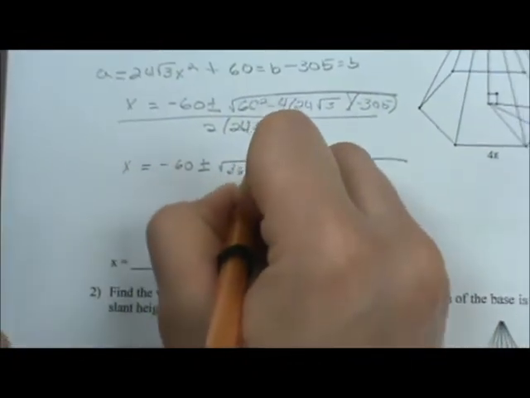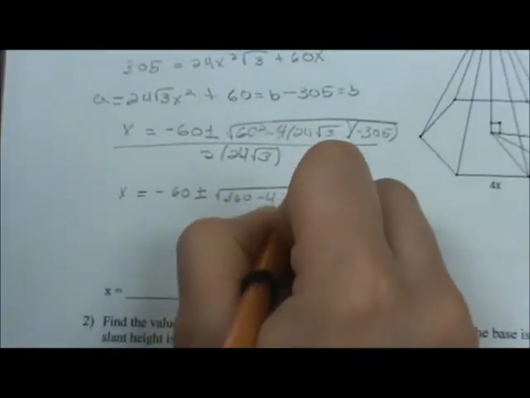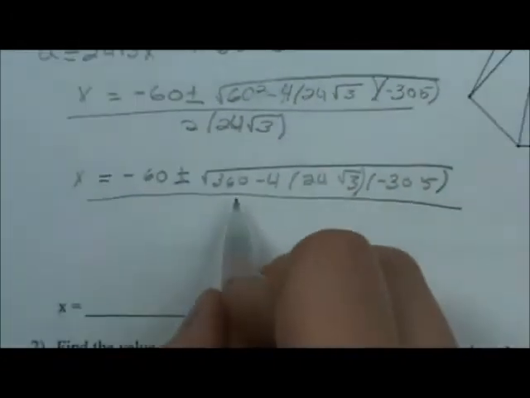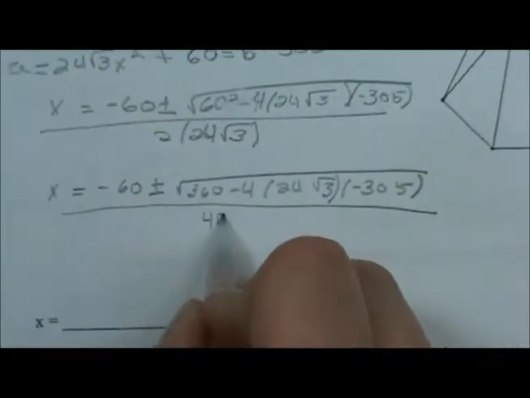Okay. Simplifying even more, we have negative 60 plus or minus square root of 3600 minus 4 times 24 square roots of 3 times negative 305, and all over 2 times 24 square roots of 3.